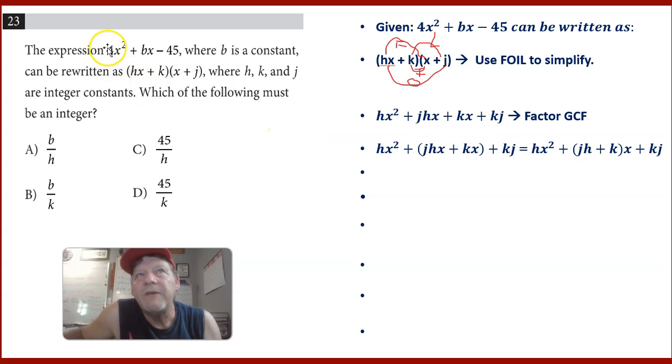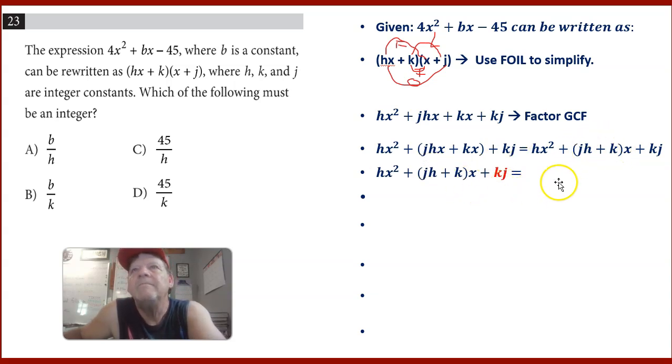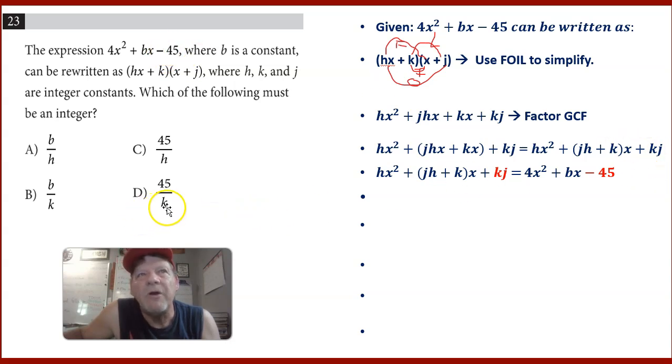So now look, see how that's 4x squared plus bx minus 45? And the b is going to be this number in the parentheses. And my kj is going to be negative 45. So I know my b is in parentheses, and I know the kj is negative 45, and you know that these have k, h, and j in there.